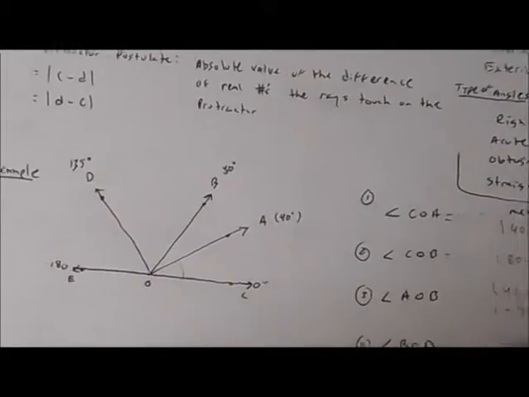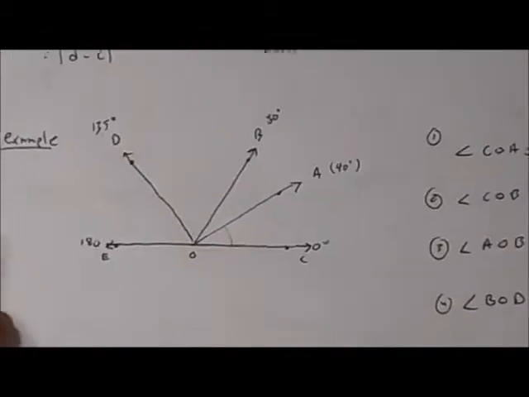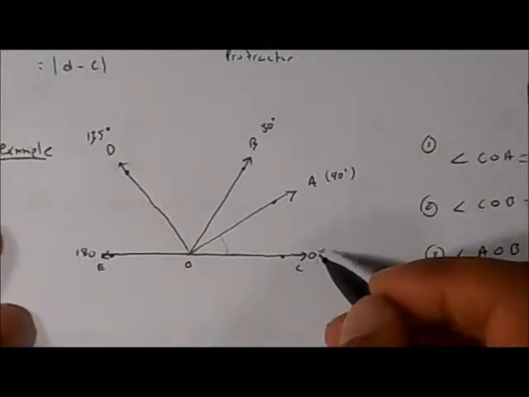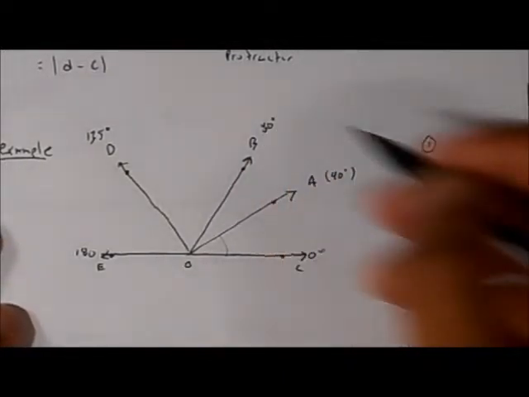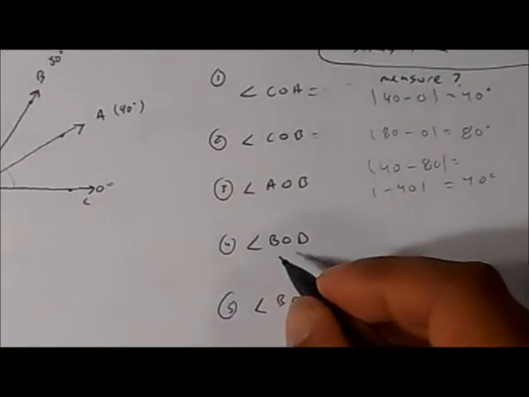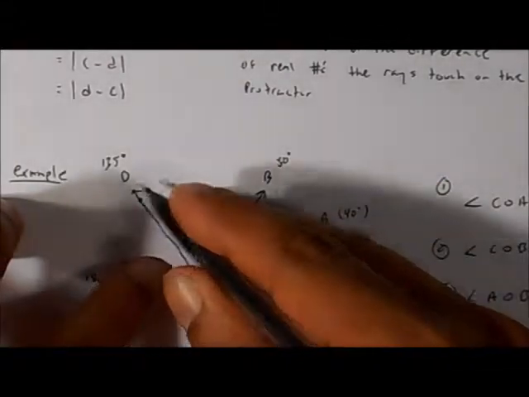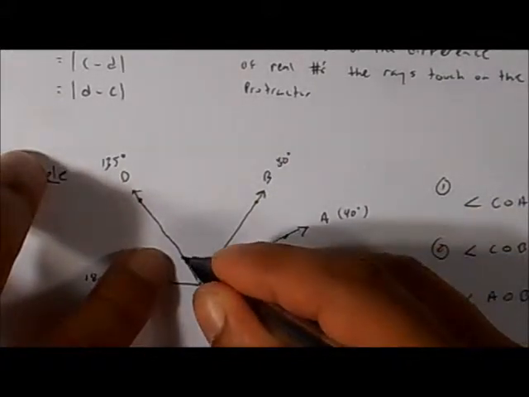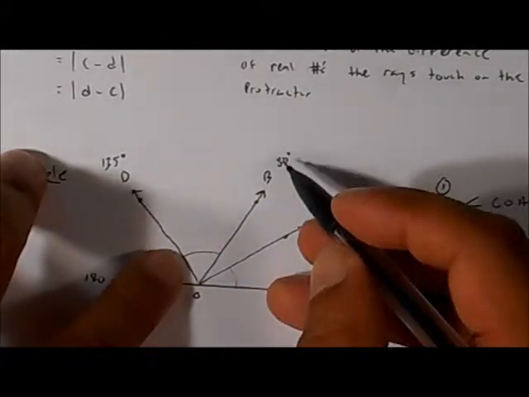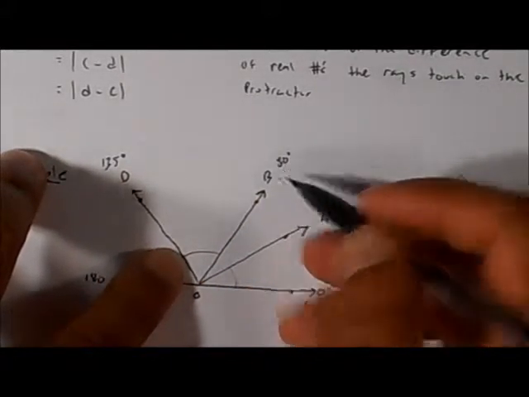So right there you get 40 degrees, and you have another acute angle. Now you have 0 degrees, 40 degrees, 80 degrees. We have BOD, so we have to find this angle, starting off at 80.